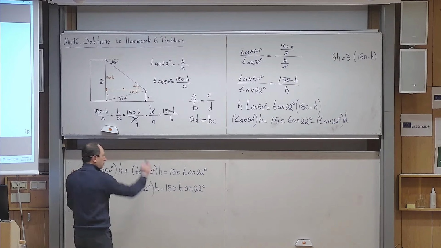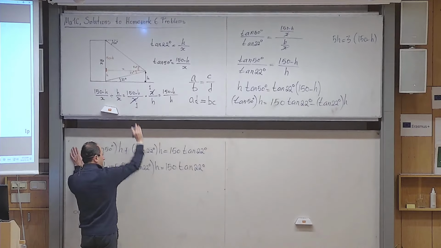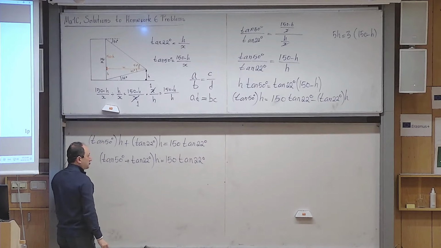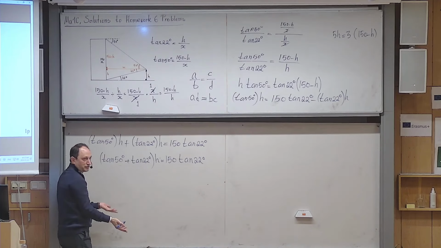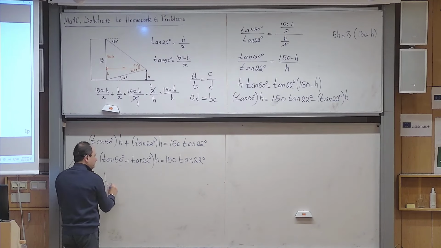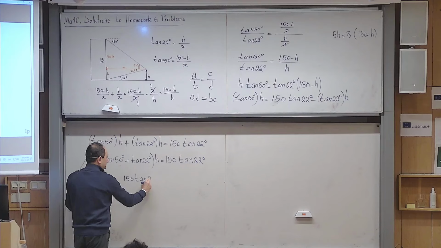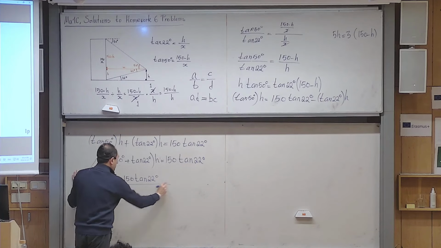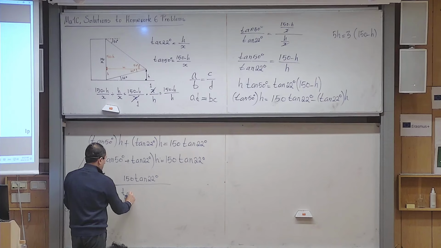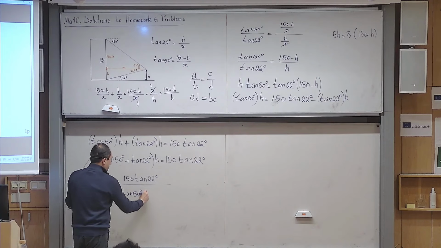And now everyone knows what to do, hopefully. I have to isolate my unknown, so I have to divide by this weird factor. Who cares? Because the labor work is being done by GeoGebra. Okay? So, divide by tangent 50 degrees plus tangent 22 degrees.